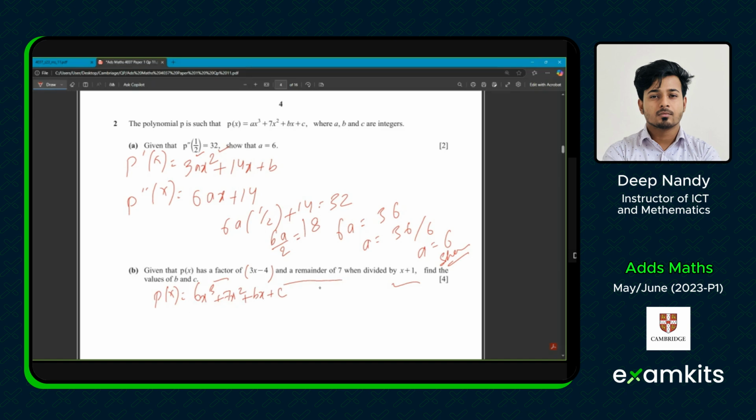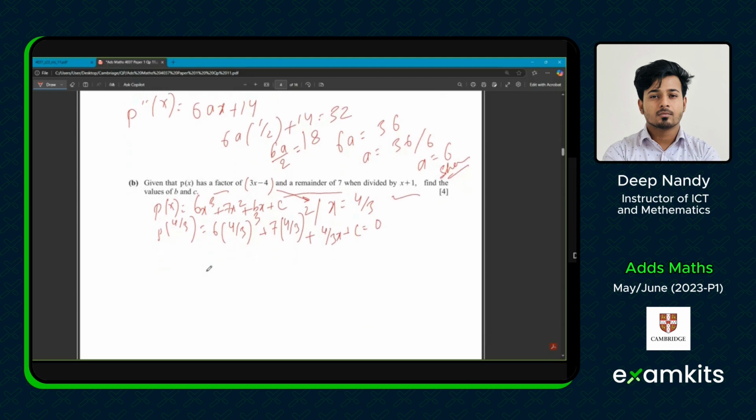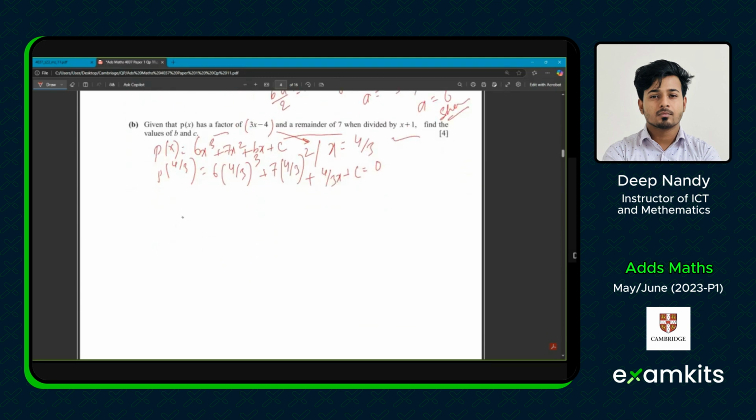So taking x equals 4 by 3 and putting it in, p of 4 by 3 equals 6 times 4 by 3 whole cube plus 7 times 4 by 3 square plus 4 by 3 b plus c equals 0. If you multiply 6 into 4 by 3 whole cube, we get 128 by 9.